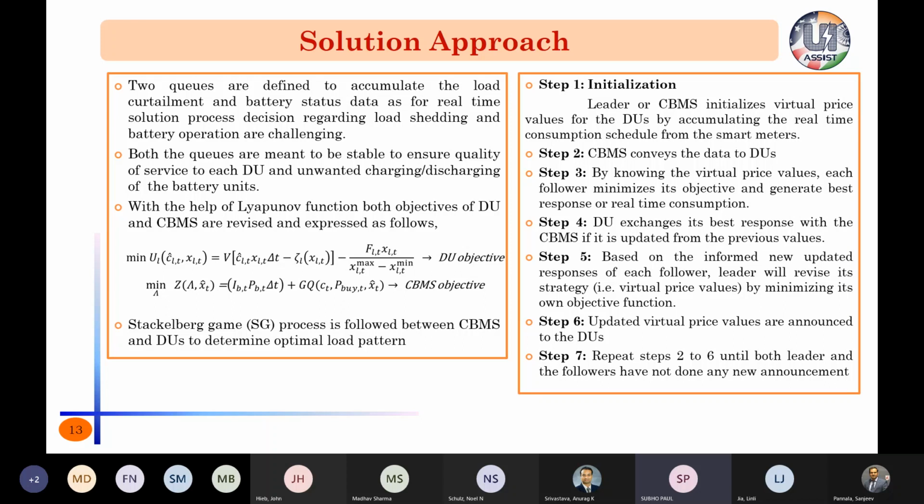If they have not altered it, they will be penalized, or they will experience more virtual cost, which at the next iteration will motivate them further to alter their total demand. It continues this iteration process until all the flats and the CBMS have nothing to alter in the next iteration.